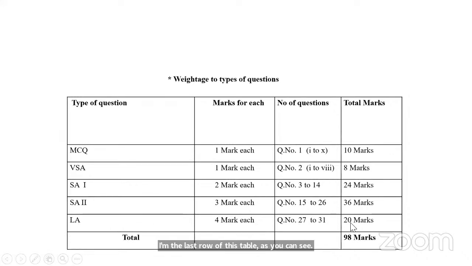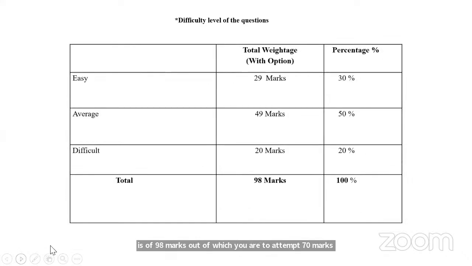This is section D. You will be given 5 questions, each of 4 marks. So the total is 20 marks, out of which you will have to pick up any 3, that is 4 into 3, that is 12 marks. So if you see the entire question paper with marks with option, it is of 98 marks, out of which you have to attempt 70 marks questions. Fine. Now let us go to the next slide.